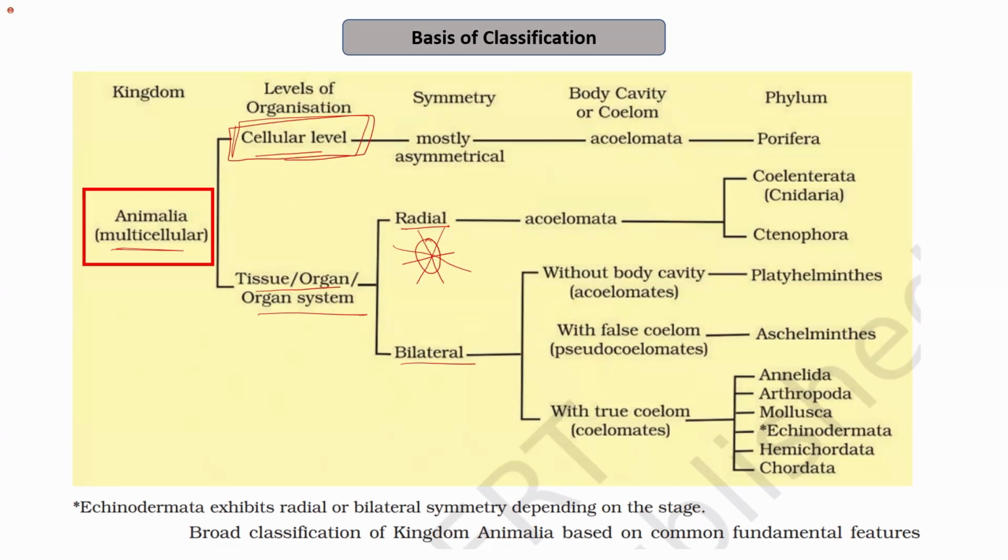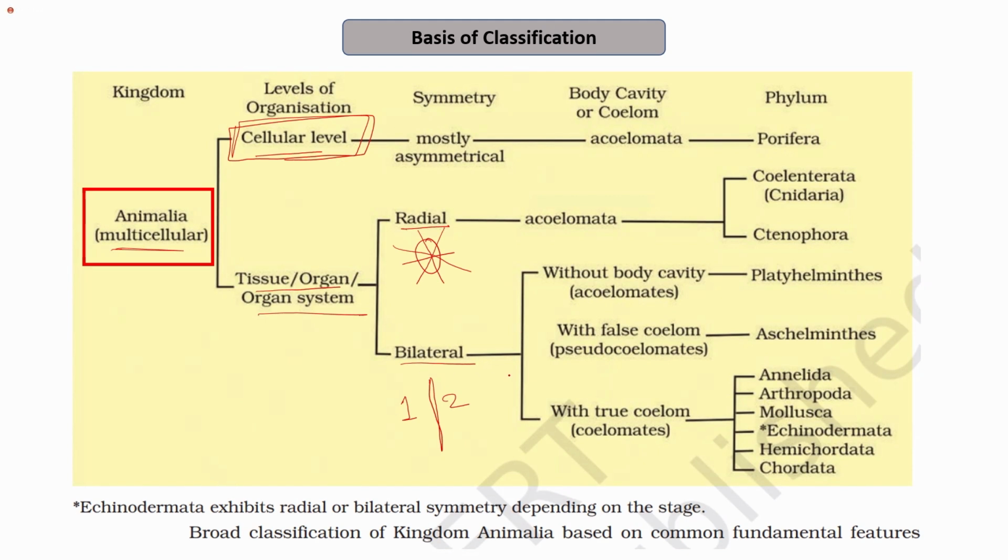While in bilateral symmetry, the organism can be divided into two equal halves only by a single plane. So that is bilateral symmetry.